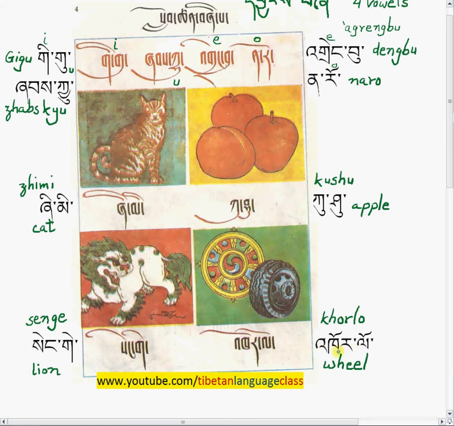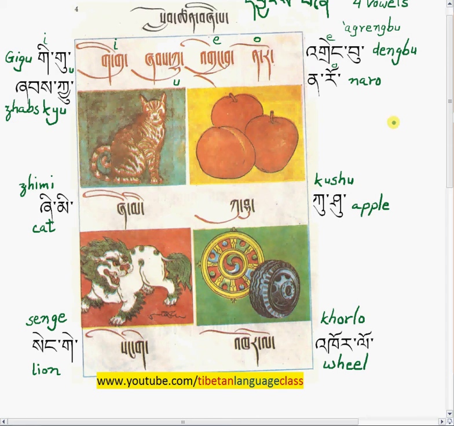And then the same thing in uchen. Korlo means wheel of a car or a dharma wheel. It's a religious object that we Buddhists use.